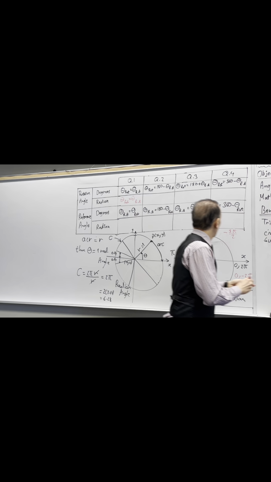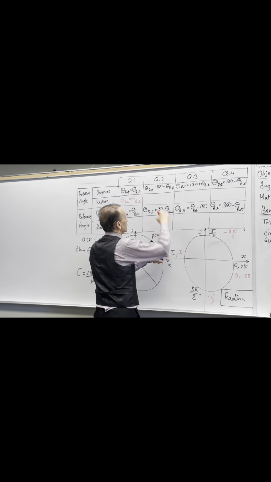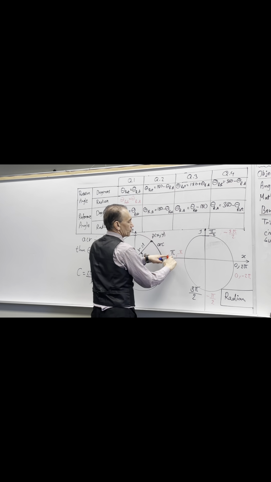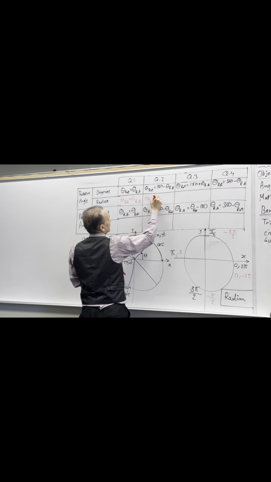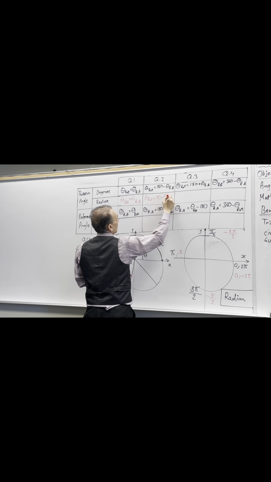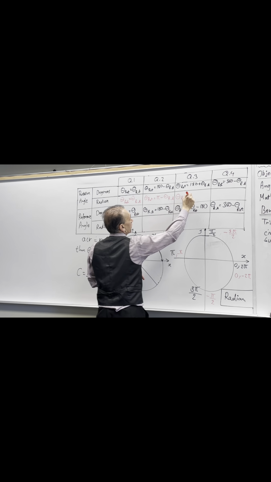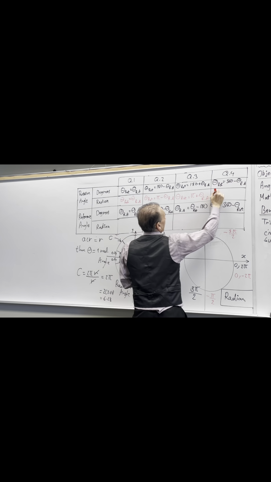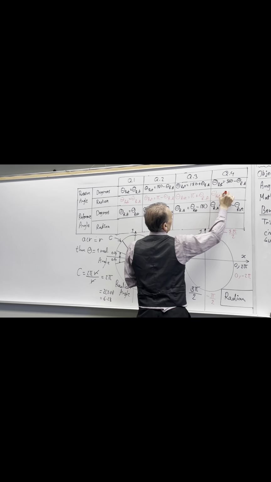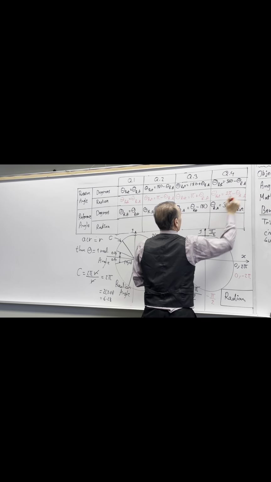For the second quadrant, instead of 180, I'm going to substitute pi. So theta rotation is equal to pi minus the reference angle. And here, theta rotation is equal to pi plus the reference angle, and here theta rotation is equal to 2 pi minus theta reference angle.